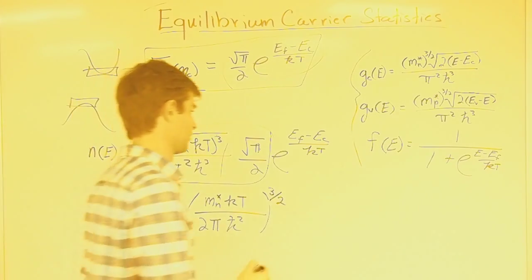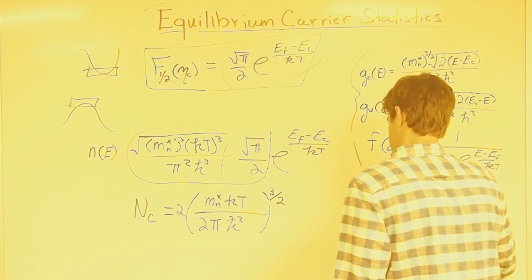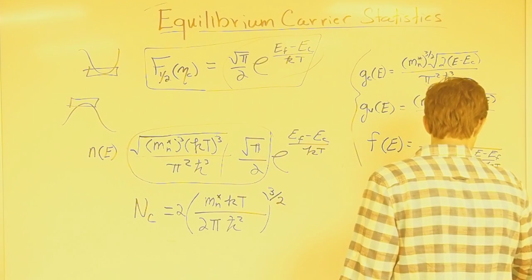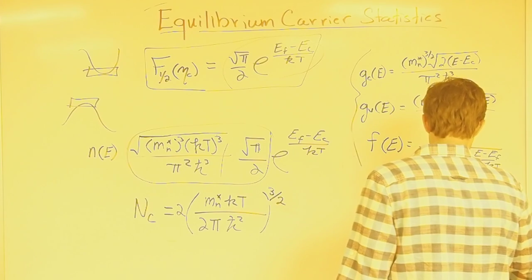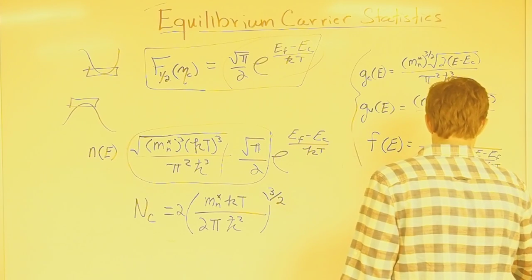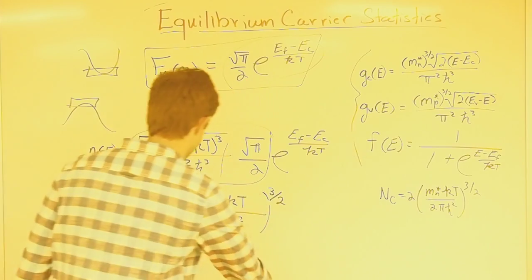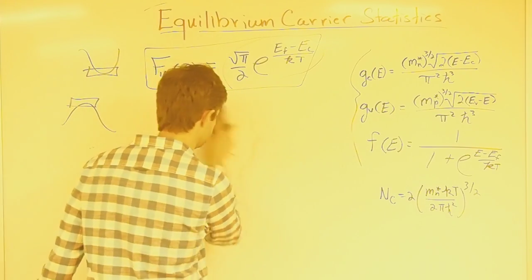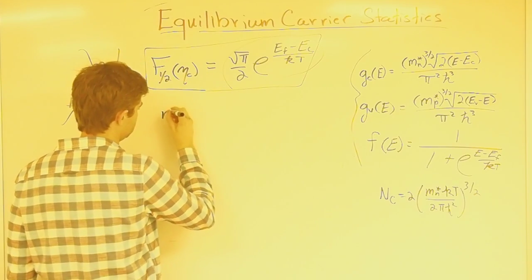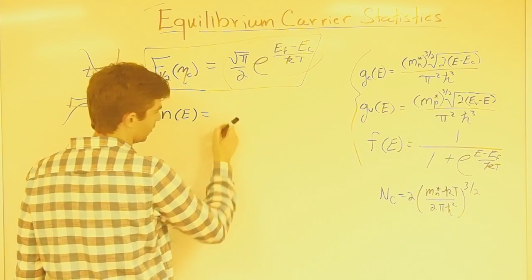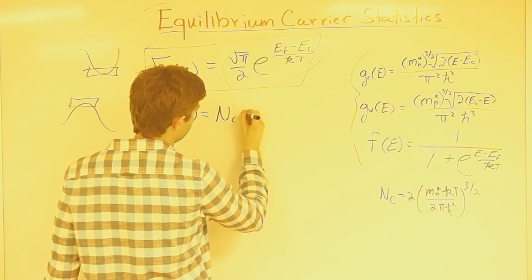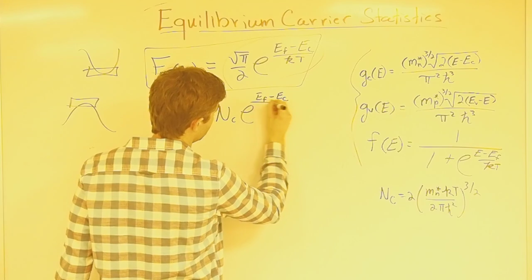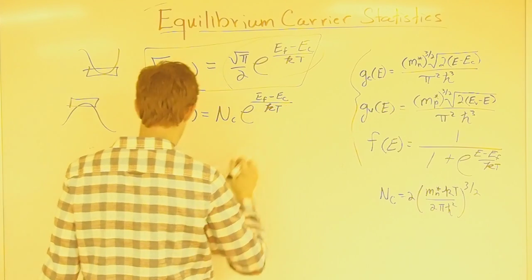All right, so I'm going to rewrite this over here. Therefore, n of E is equal to N_C e to the E_F minus E_C over kT.